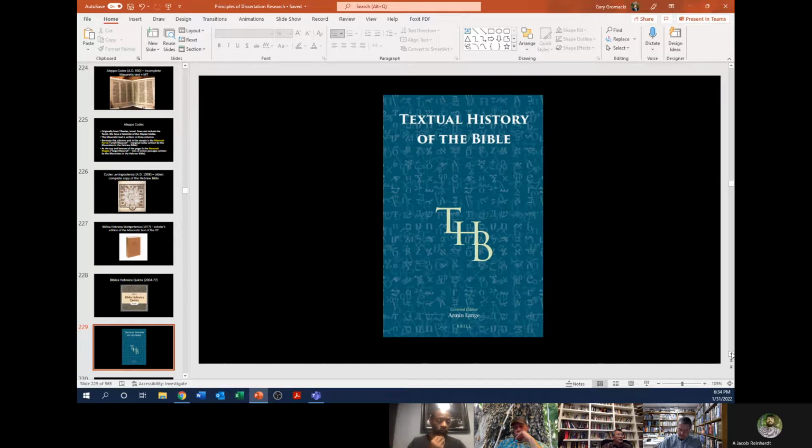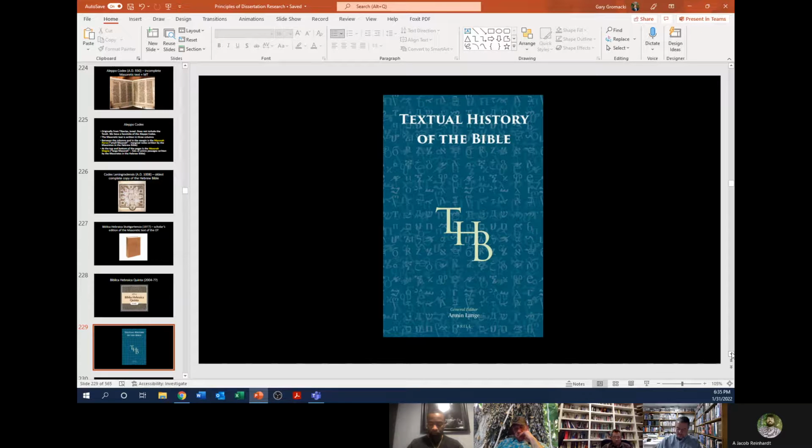So for each book, for instance, I'm assuming this is a volume here. For Proverbs, they deal with the textual history, the ancient Hebrew text of Proverbs, the primary translations, secondary translations. So they're doing that for all the books of the Hebrew Bible.